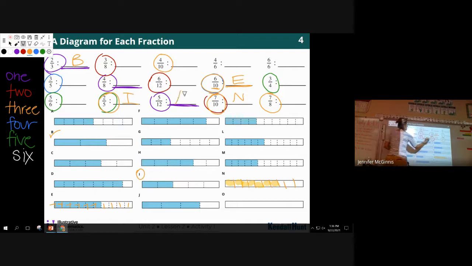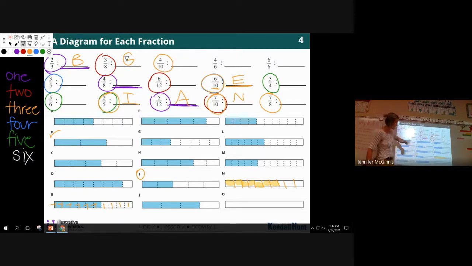A. Table 2, 3/8. What's the letter? Everybody, look for your letter. Find it. Table 2, 3/8. What's the letter? What do you think?